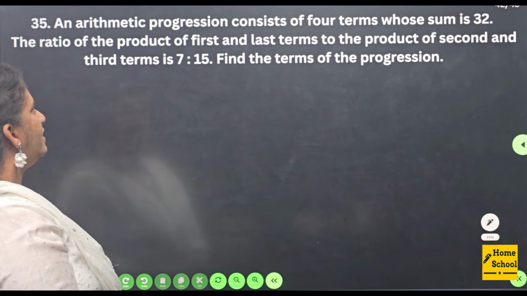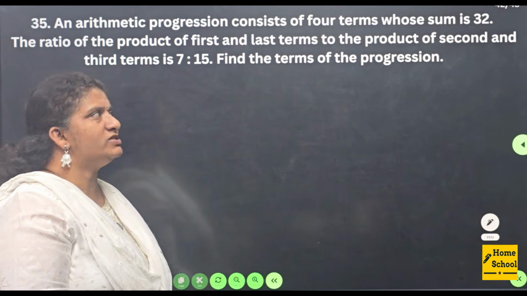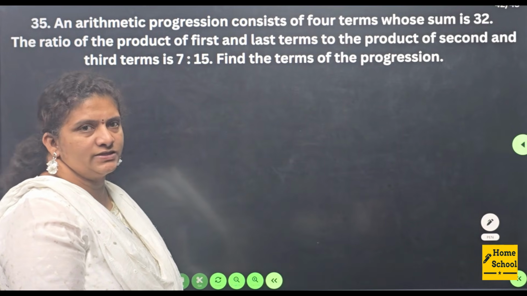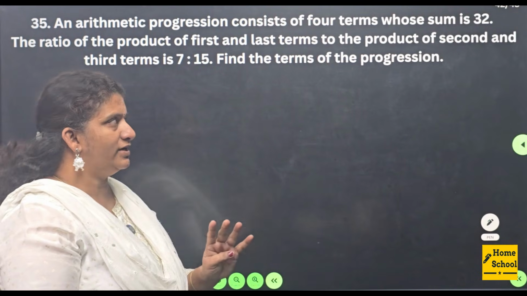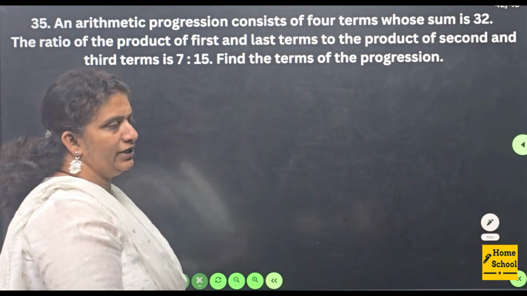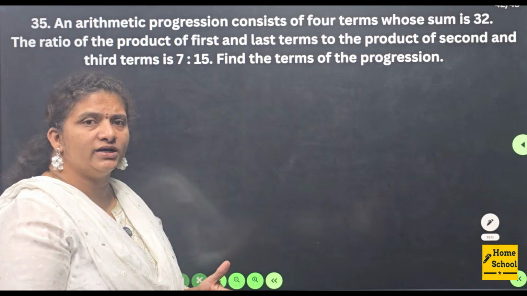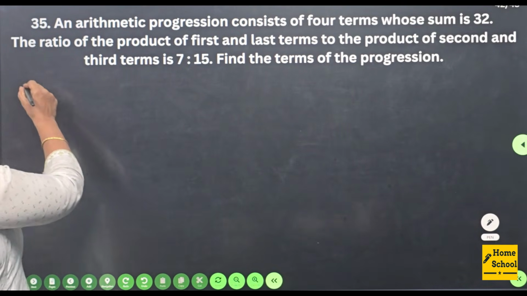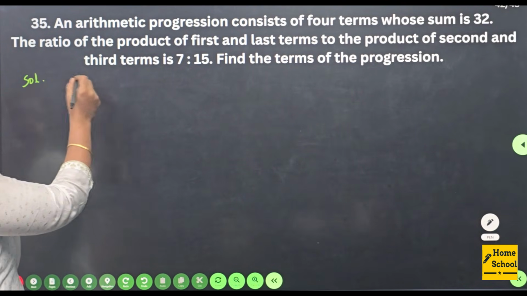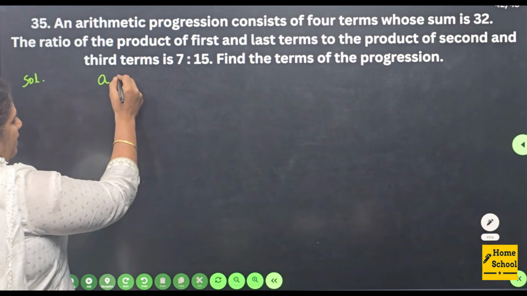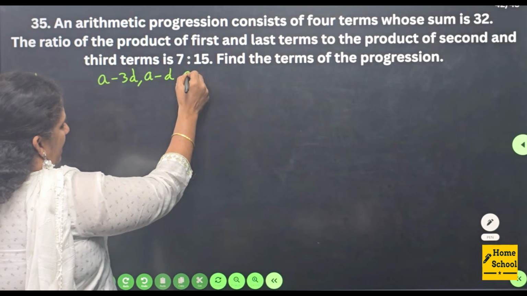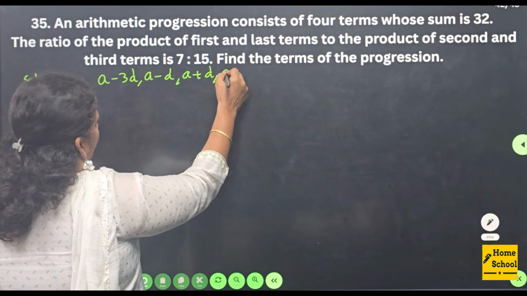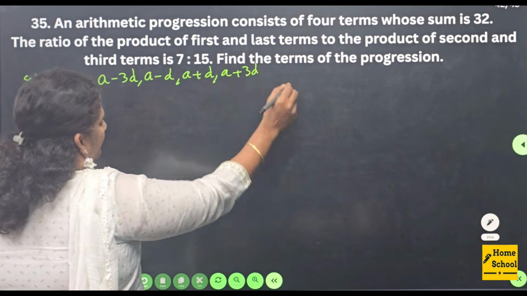35th one: an arithmetic progression consists of 4 terms whose sum is 32. Any 4 terms means I immediately remember: let these be a minus 3d, a minus d, a plus d, a plus 3d.